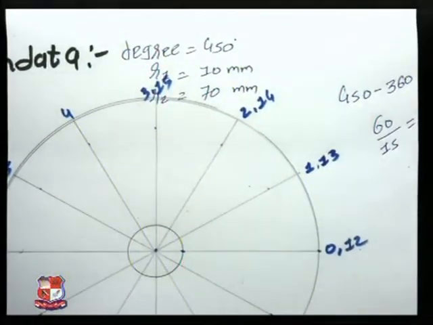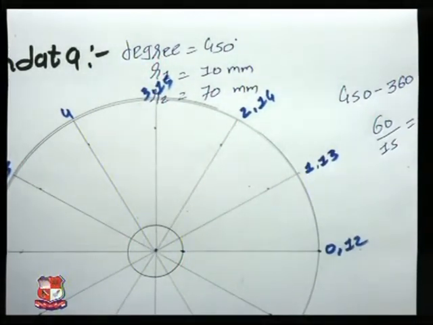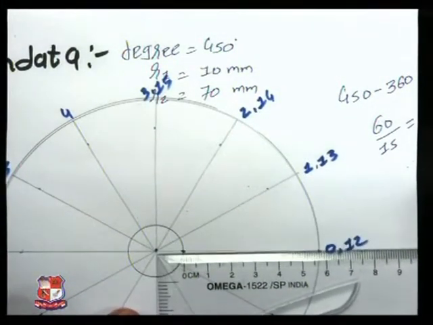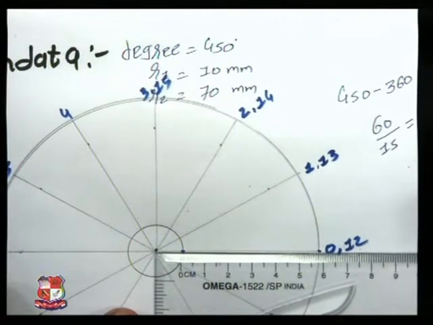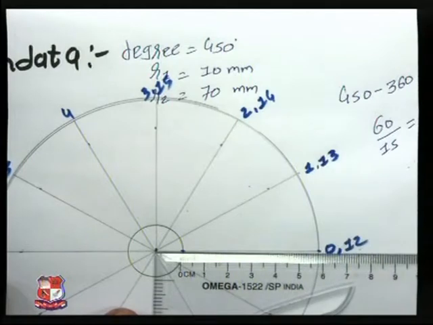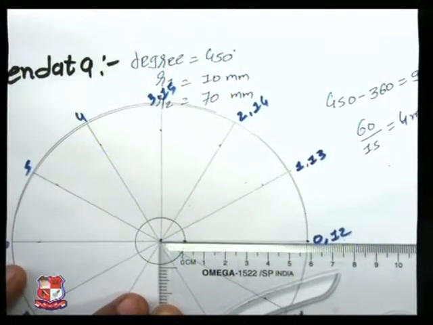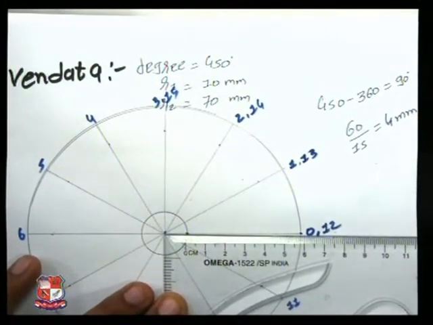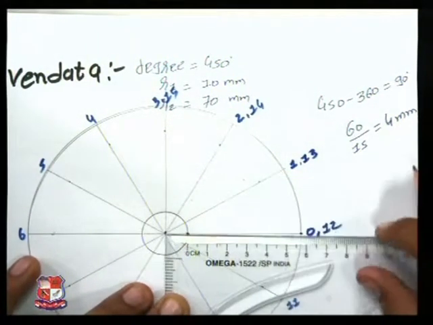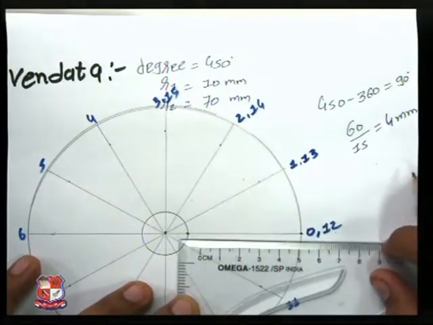Here I am taking down the scale over here. Marking from this outer portion, I'm starting from this.